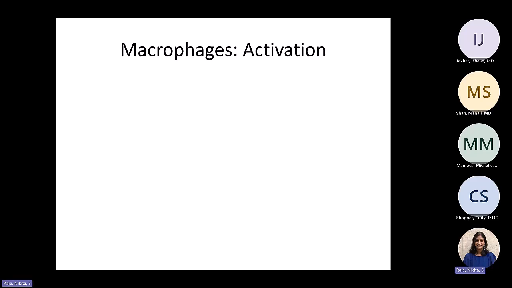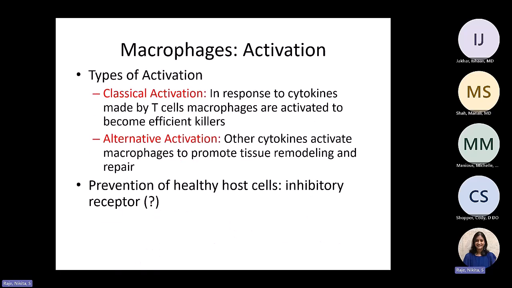All right. So let's say the monocytes get into the tissue and they become macrophages. When macrophages come across certain antigens, they will get activated. There are two ways that they can get activated: the classical activation or alternative activation.